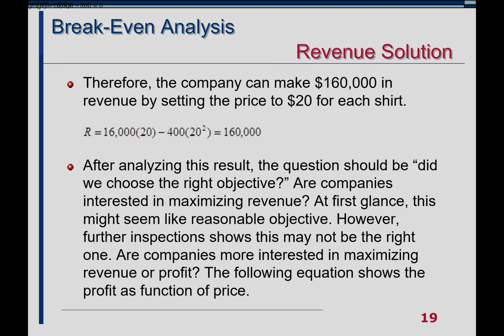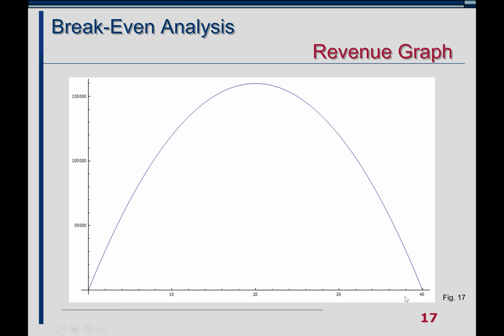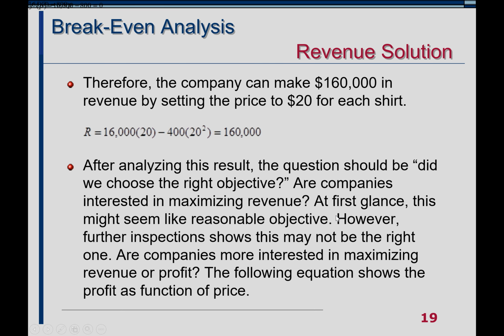So what would you rather do? Would you rather maximize your revenue, or would you rather maximize your profit? Because in theory, you can have a revenue that is a high number or a low number. But you can have a revenue that's pretty high and your profit be equal to 0.